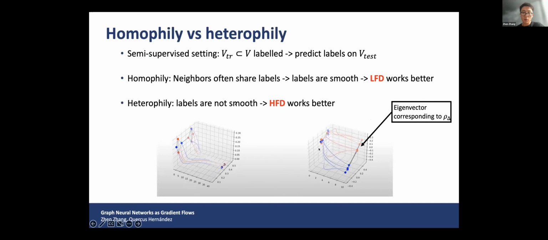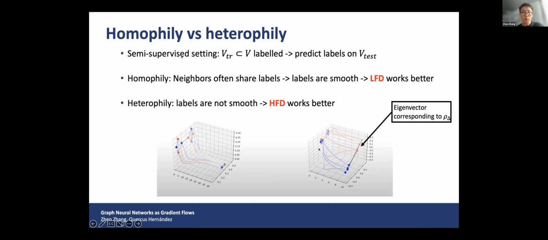Geometrically, it looks like this. This is what an HFD, or high frequency dominated, dynamics looks like, where the node features all collapse to a single line, lying on the eigenvector associated with the largest eigenvalue of the Laplacian.